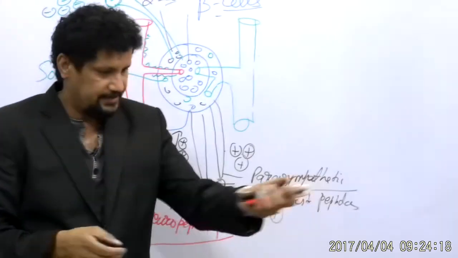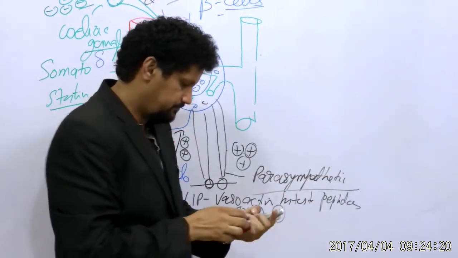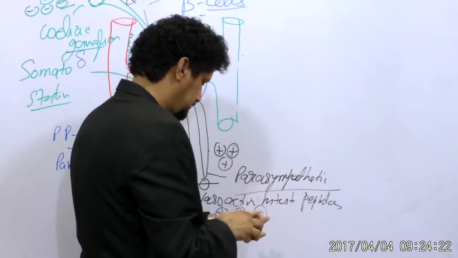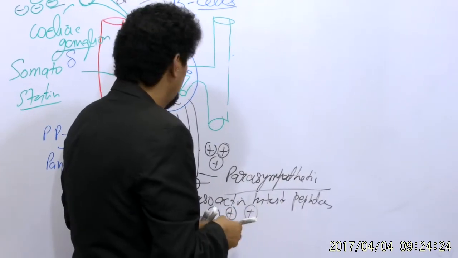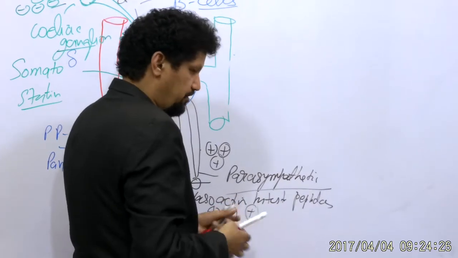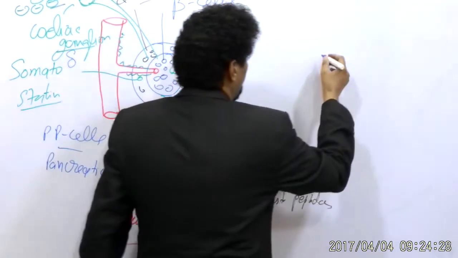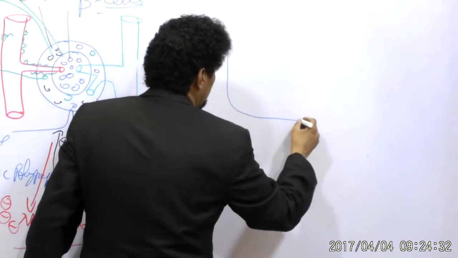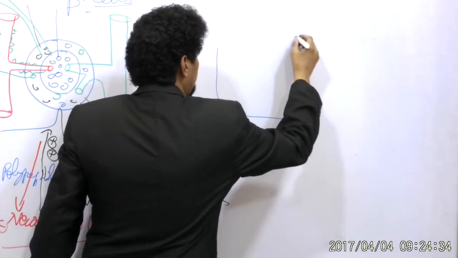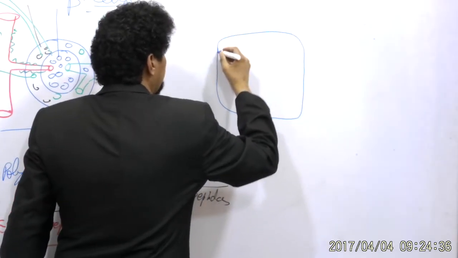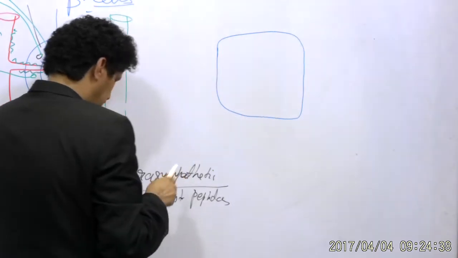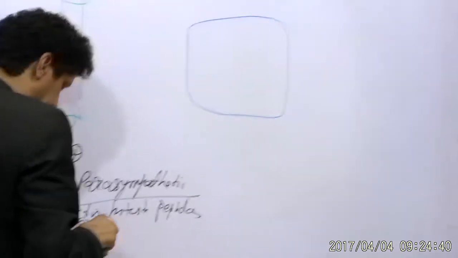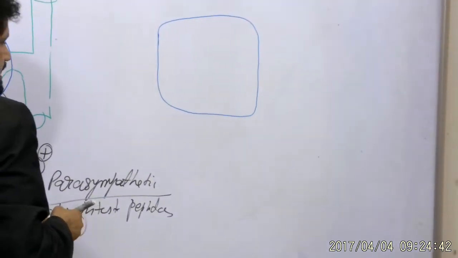How is the insulin secreted from the beta cells? I will draw the beta cell here. This is a beta cell and it has rough endoplasmic reticulum.